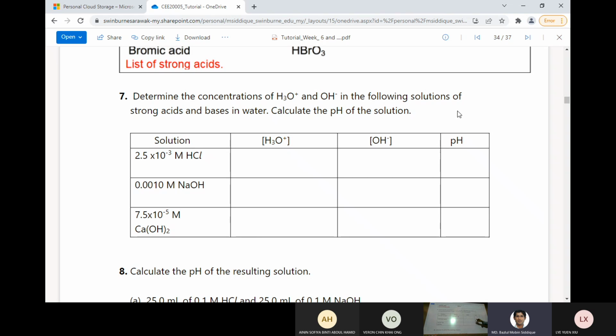And hydroxyl ion, same amount, because HCl is dissociating, hydrogen is producing one, chloride is producing. So the same amount, 2.5 times 10 negative third. From there we can find the pH of the solution. Is there any problem? No?